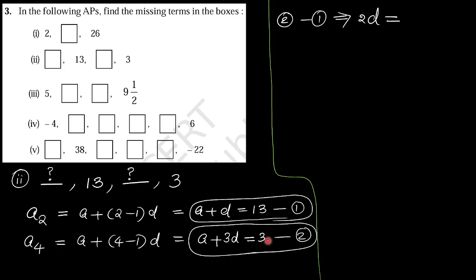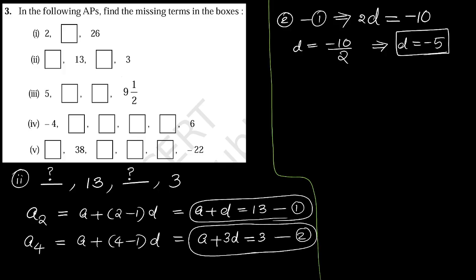Right side is 3 minus 30, second minus first. It is minus 10. 2D equals minus 10. D equals minus 10 by 2, or D equals minus 5.